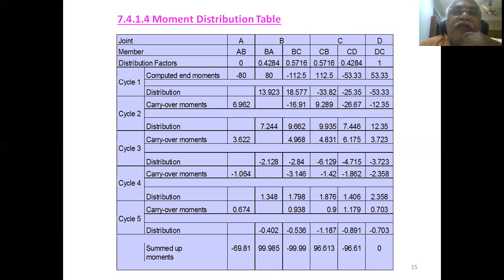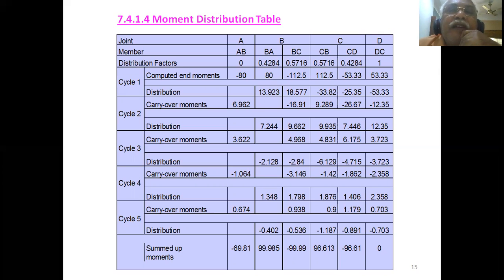B is a continuous joint, which is meeting with a BA member and BC member, and joint C is meeting with CB member and CD member, and joint D is the CD member only because it is an end joint. Distribution factor for end A, because it is a fixed end, whatever moment goes to the support will be absorbed by the support because it is a fixed end. It won't redistribute.